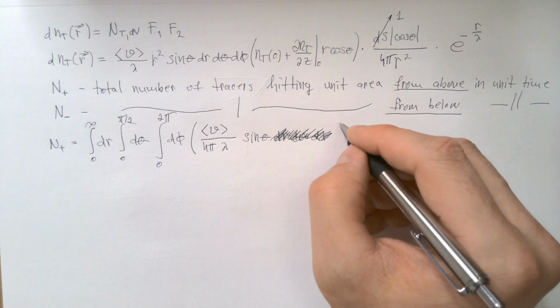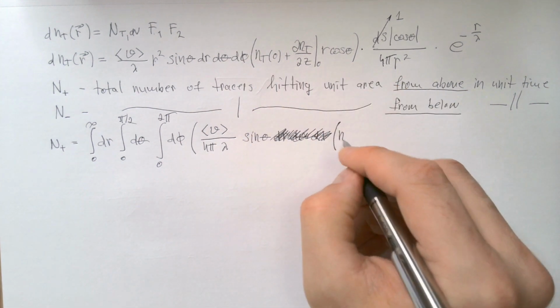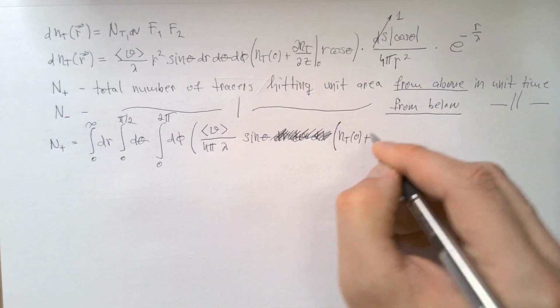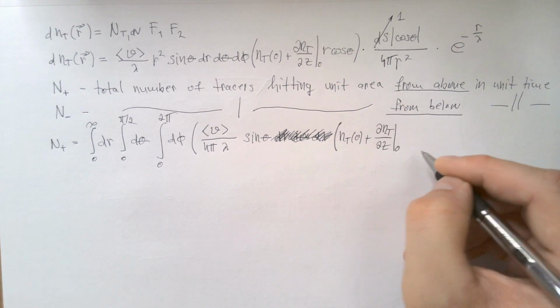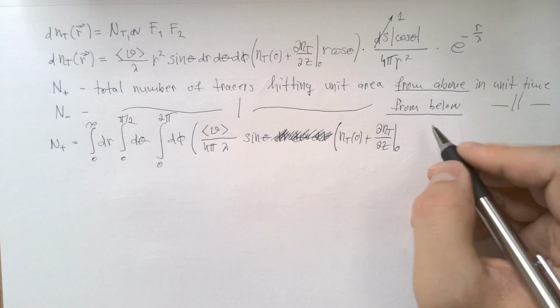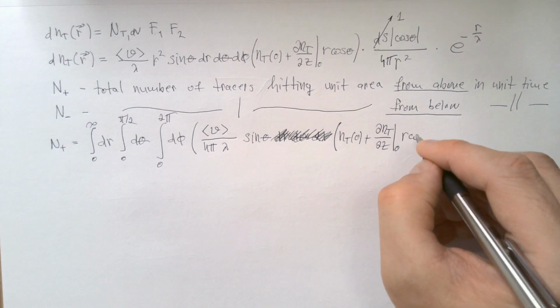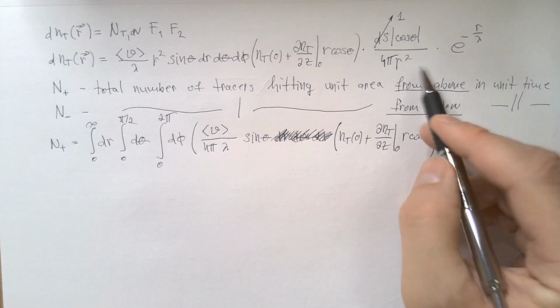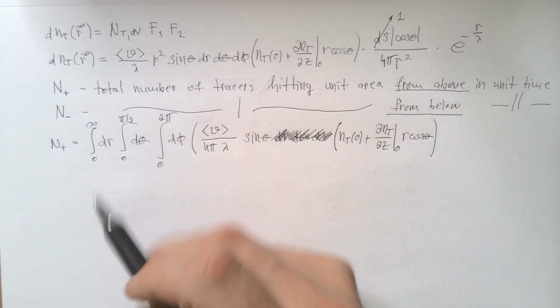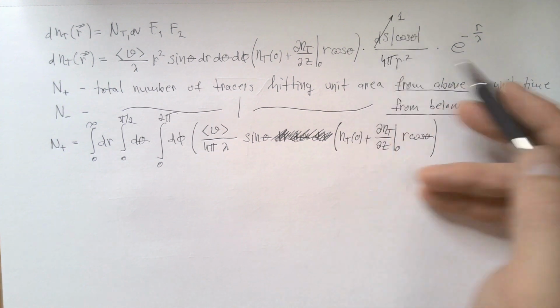And then I will have here this term, nt of 0 plus delta nt delta z evaluated at 0 times r cosine theta. I cancel this r squared with that r squared. ds is 1.